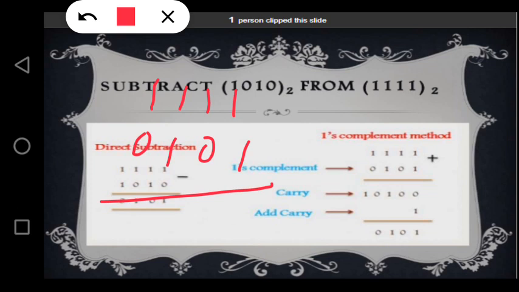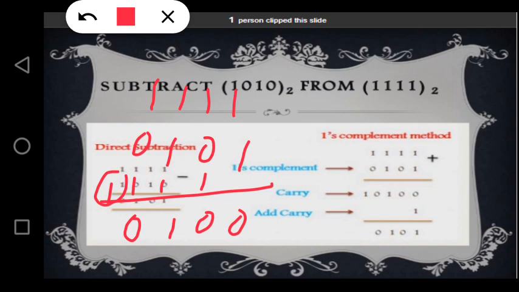I am getting 1 plus 1 is 0 with a carry, 1 plus 1 again 0, 1 plus 1 plus 1 is 1 1. So I am getting 0100, and I am getting a carry over here because it's 20. I can't represent it with 4 bits. Definitely I will get a carry.